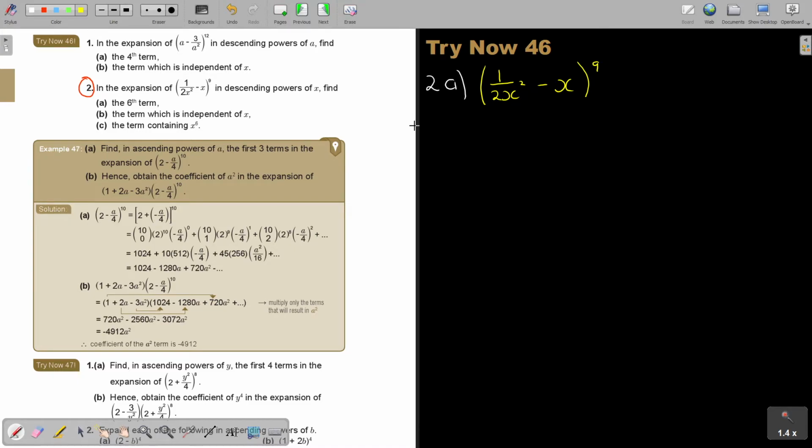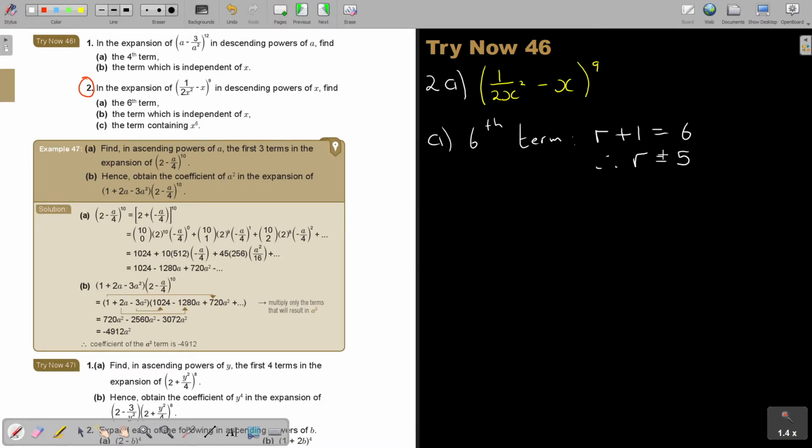Now, don't forget for the 6th term, it's just going to be r plus 1 will be 6. So therefore, r, it is the 6th term. So r will be 5.